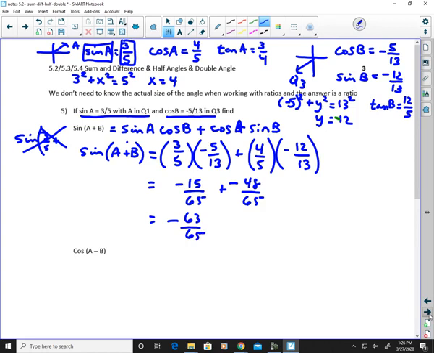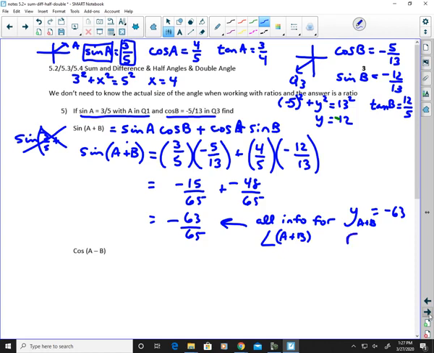What's interesting about this is that this actually will be all the information for an angle that's the size A plus B. We would know that the y for the A plus B would be negative 63, since this is a sine.